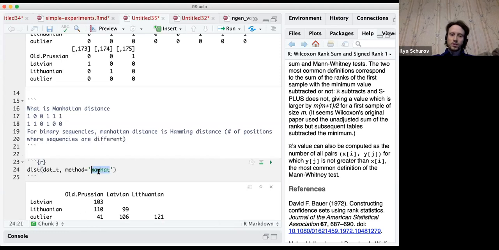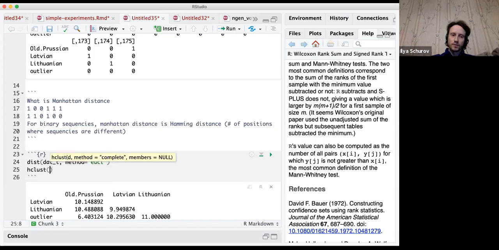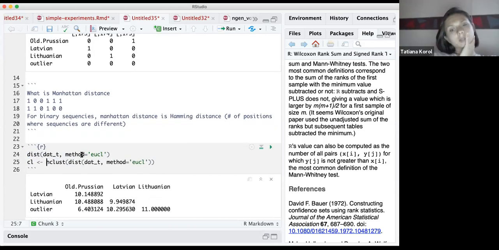Okay, let us use just Euclidean distance, and let us try to use hierarchical clustering. How can I understand these results?